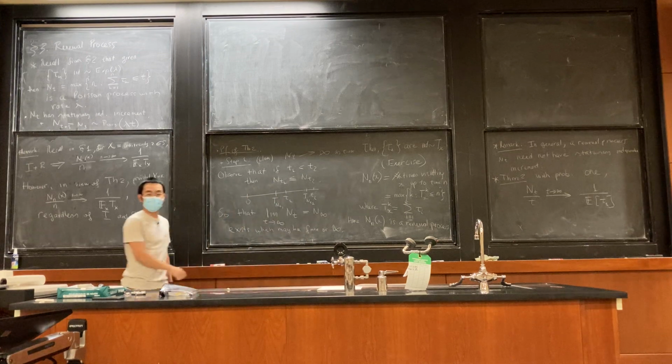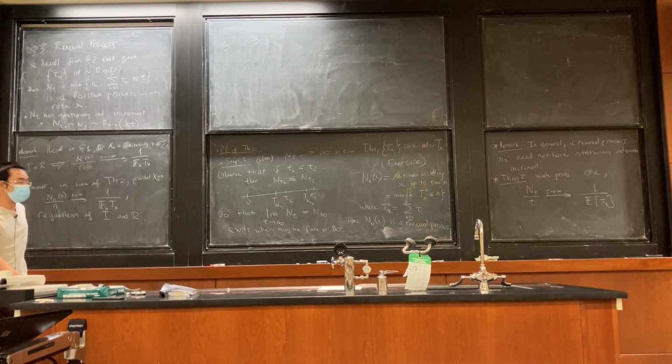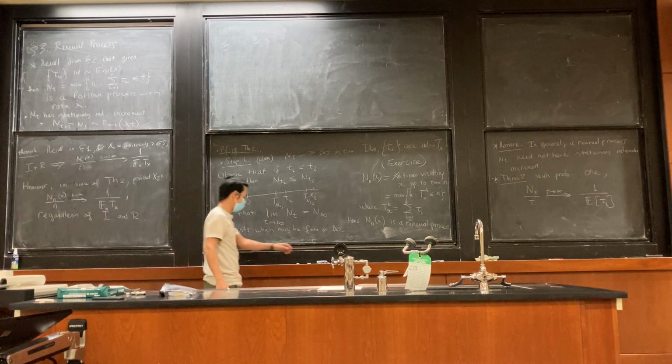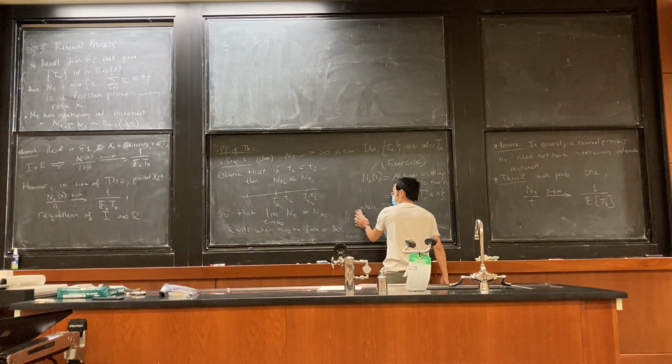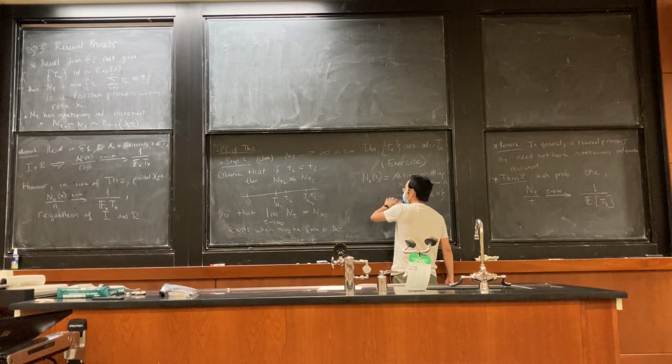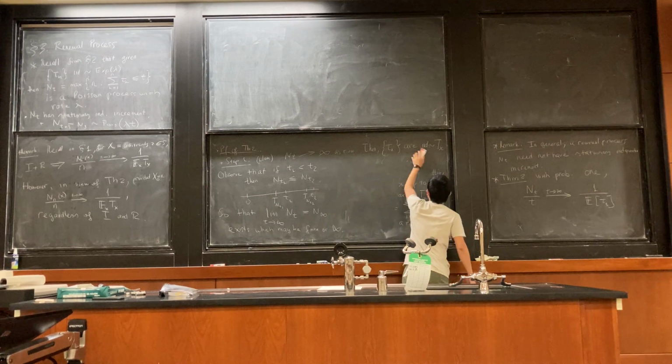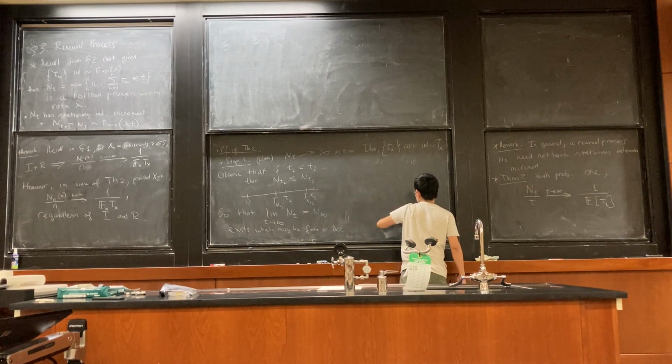We don't know that yet, but at least it must go to something, right? It could be finite, could be infinite. So now the claim is this limit here must be infinite. It has to be infinite. It cannot be a finite number.